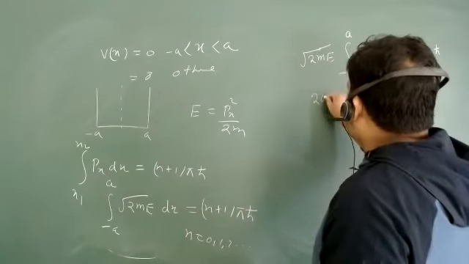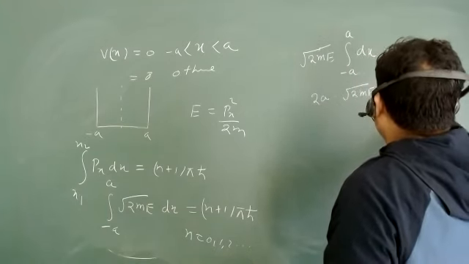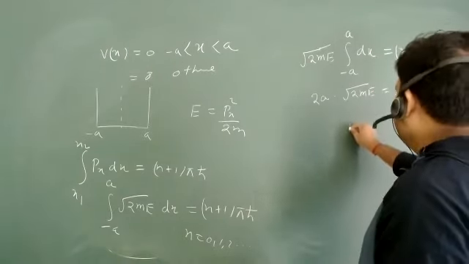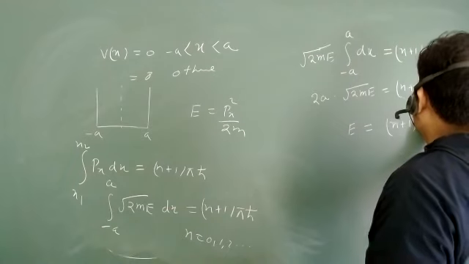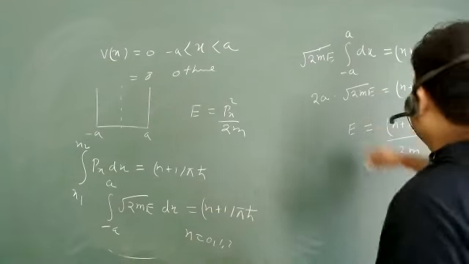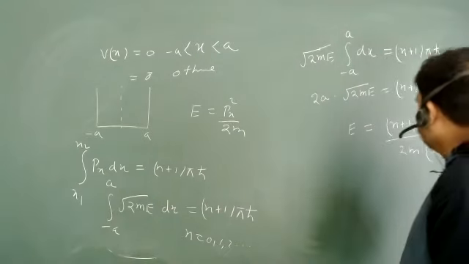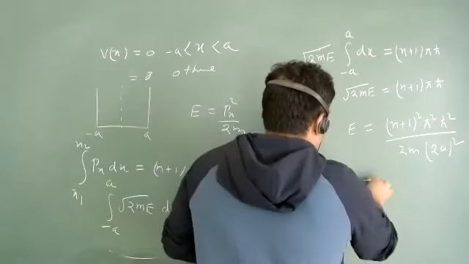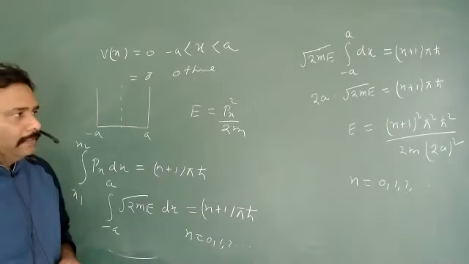So this is 2a into root under 2mE is equal to (n plus 1) pi h cut. So I have E is equal to (n plus 1) whole square pi square h cut square upon 2m, because square is there, and there is (2a) whole square. Yes, is that the correct answer? Yes, it is correct. Yes, sir. So n is basically 0, 1, 2, 3. I can write this answer also, isn't it?